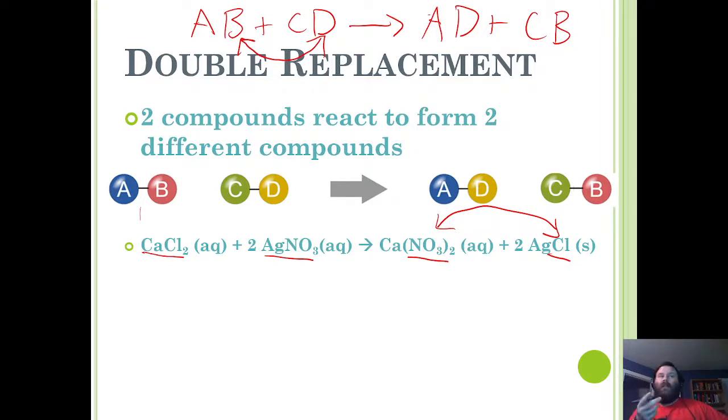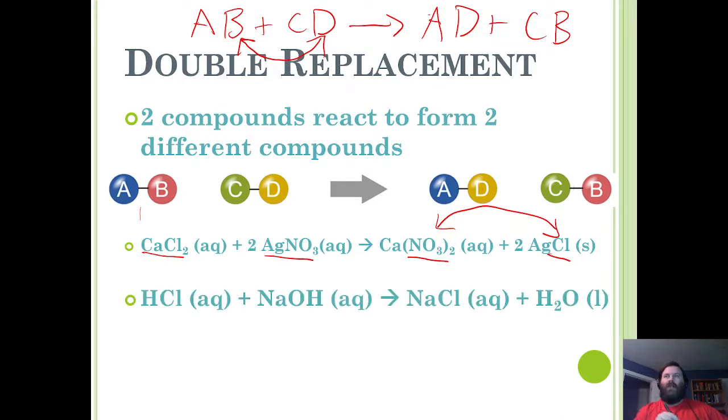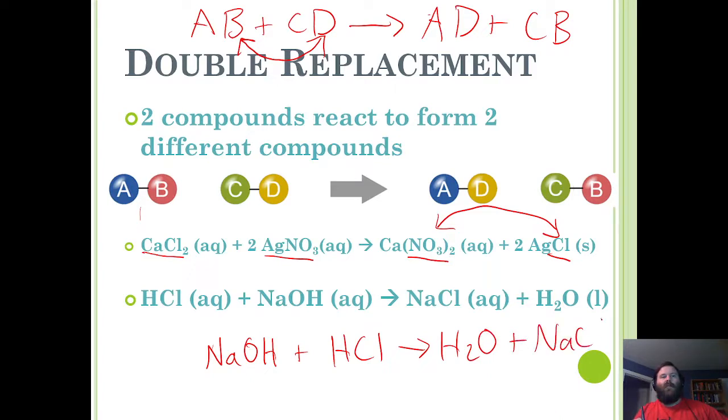Okay, examples of this that we know are, again, those neutralization reactions, right, where we had a base and an acid making water and a salt, right?